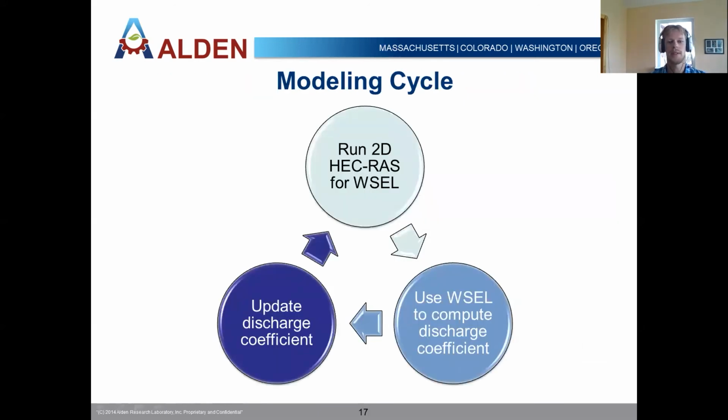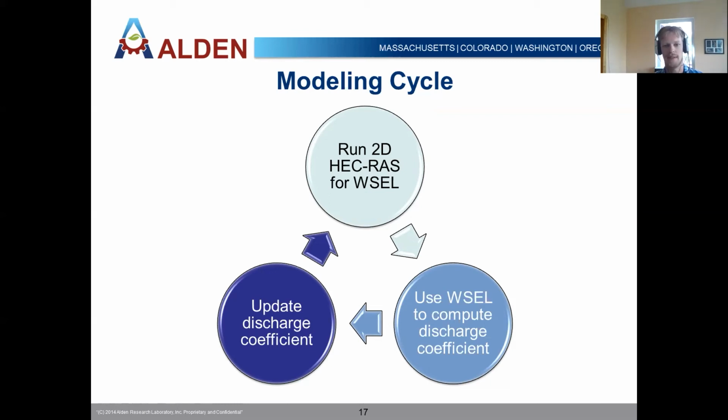So to address these uncertainties, two different formulations of 2D models were used. First, the HEC-RAS 2D model was used just to get rough approximations for water surfaces to start with. Then second, this vertical slice model is used to compute a unique discharge coefficient for those specific headwater and tailwater surfaces.